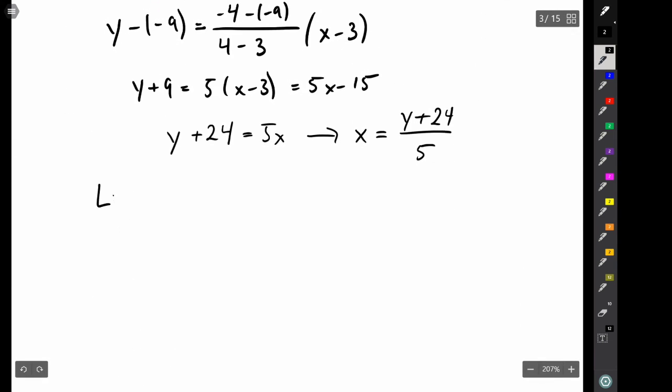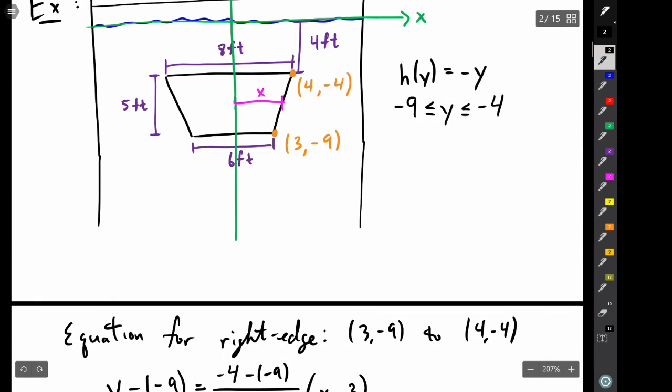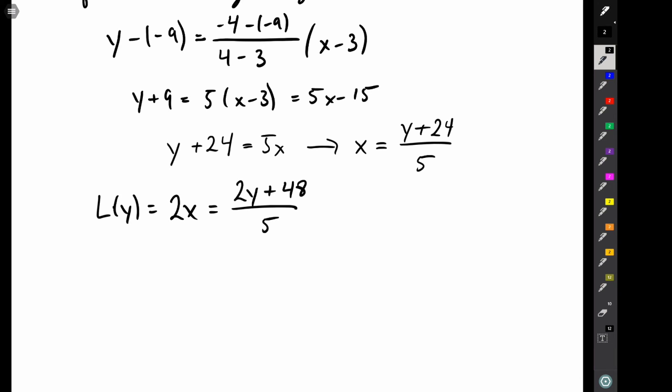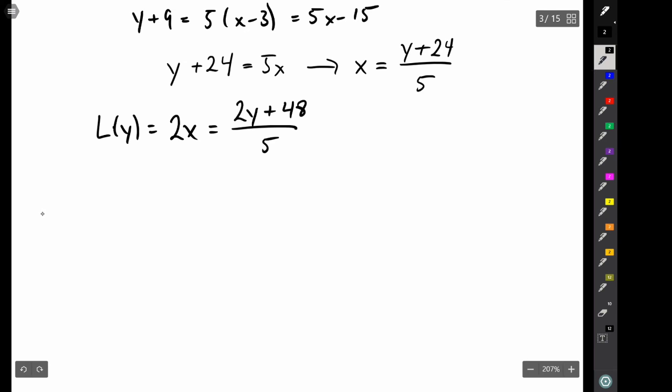So L of y, if we want the total length of this trapezoid, we have the x from this side and the x from this side, so it's 2 times x. That means we get (2y plus 48) over 5. Now that we have all our pieces, we put them all together.